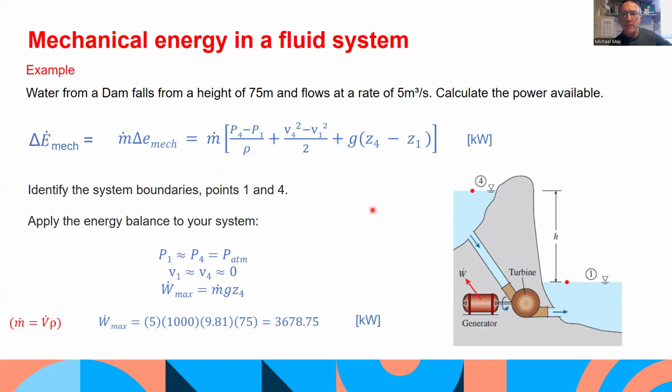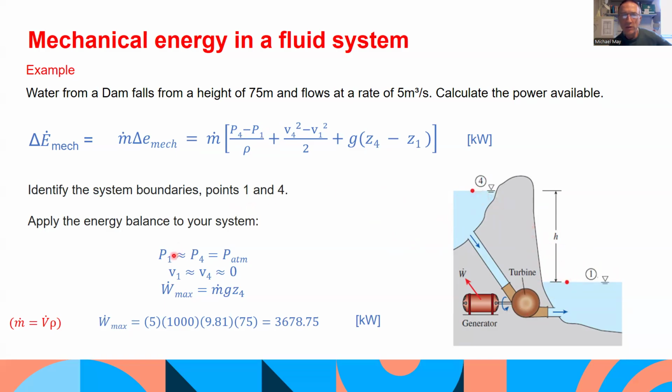So let's look at an example here. We have an upper lake and a lower lake, and we want to find out how much energy is available in this system to put a turbine in there and produce electricity. So what we do is we get the difference between each term in this equation. If we look at the pressure term first of all, we'd see that the system is open to atmospheric pressure at both ends.